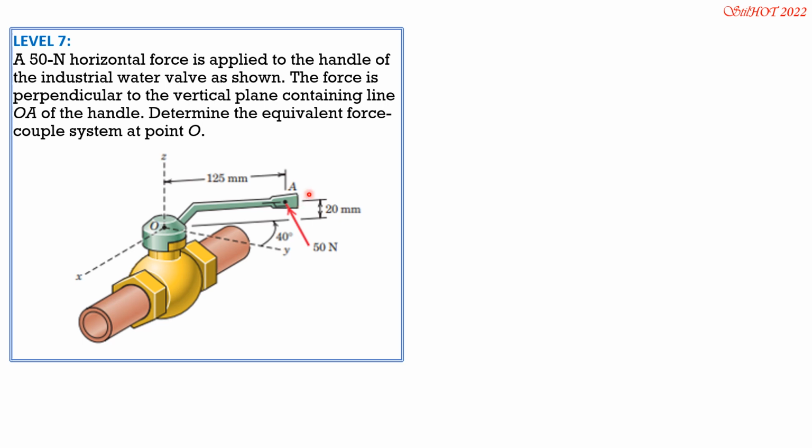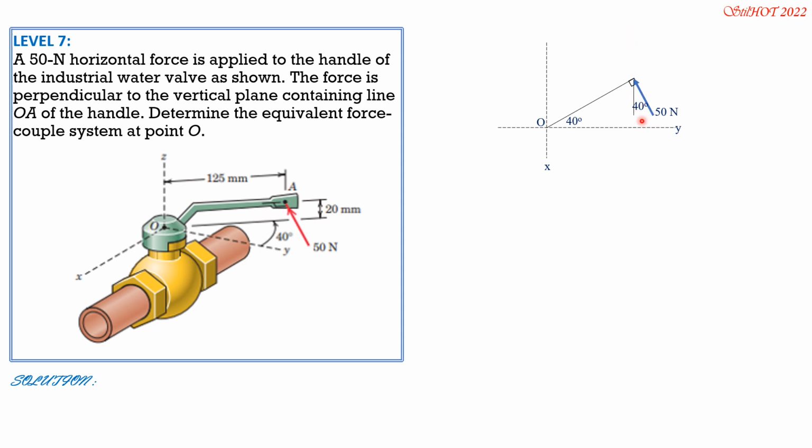We draw the top view so that we can express F in vector form. So this is the top view. This is the positive x-axis, positive y-axis, and the z-axis is pointing to your eyes. So therefore, Fx is going in the opposite direction.